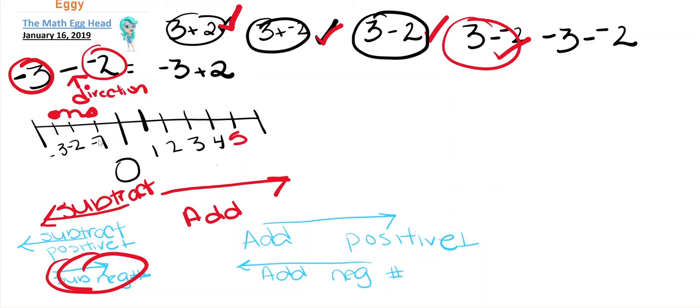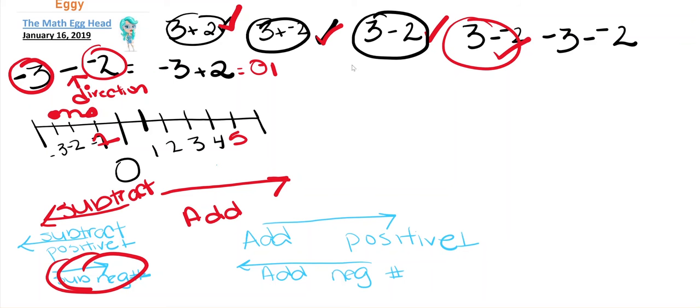So negative 3 minus a negative number. So we're heading towards the right. So negative 3 minus negative 2 is negative 1. Or if you were to rewrite it, negative 3 plus 2 is negative 1.